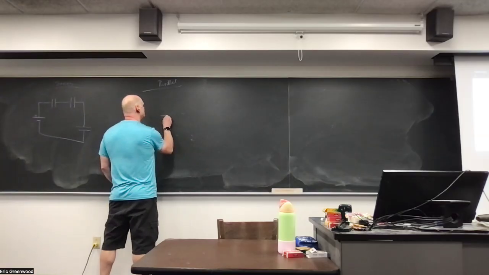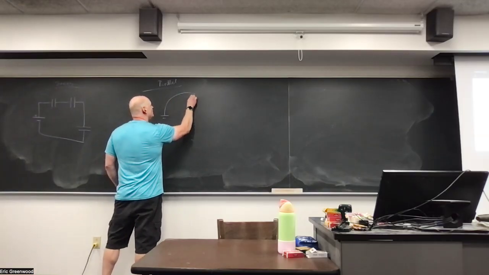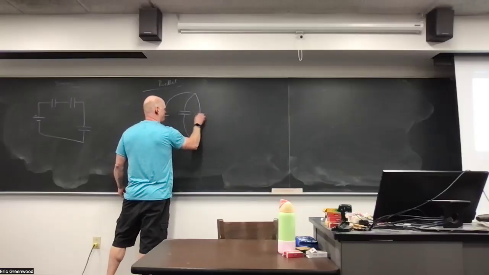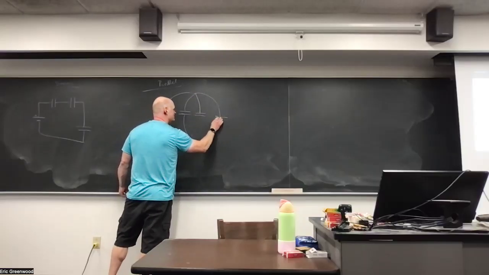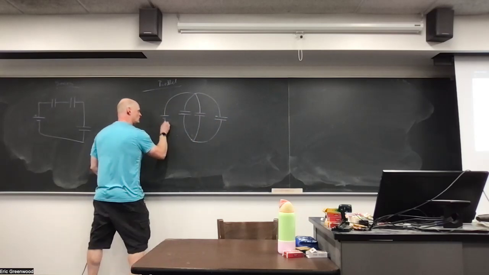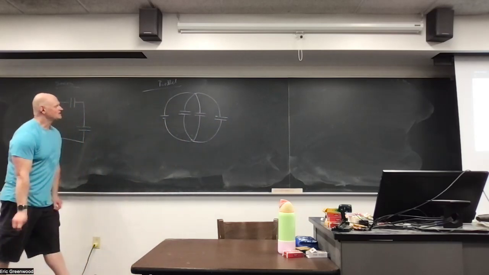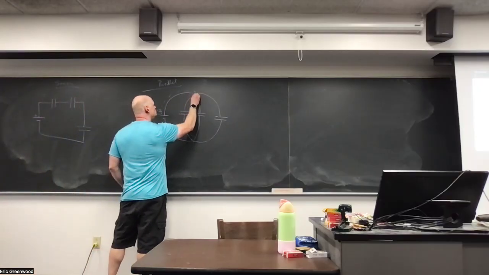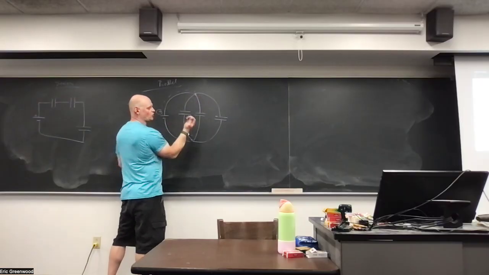Parallel is where I would have a battery here, and then again, let's say I have 3 capacitors. So these are connected in what's called parallel. It's called parallel because the charge which comes out of here will come up through here and move into this position, but then it has a choice.